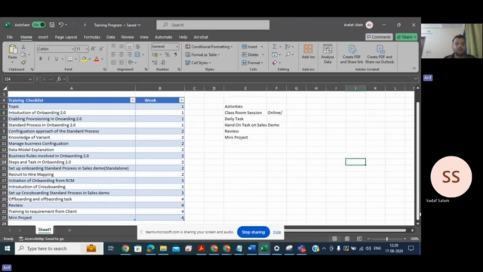In the first class I will cover the introduction of onboarding, then how onboarding will be enabled in provisioning, then the standard process in onboarding 2.0, then the configuration approach of the standard process, then the technical things that need to be configured: variant configuration, managed business configuration, data model, business rules, then the tasks, then the mapping, then the initiation of onboarding, then cross-boarding standard process, then offboarding, then review.